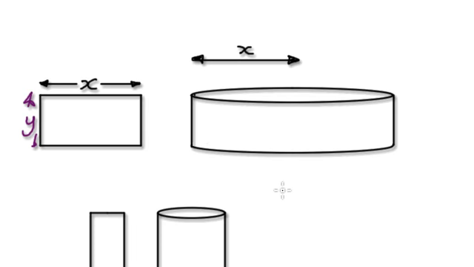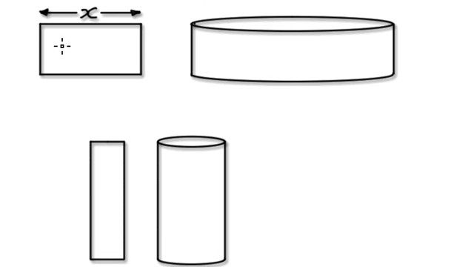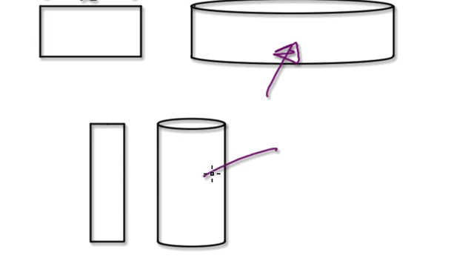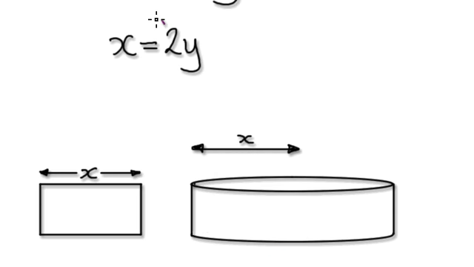Here you can compare the two now. This rectangle here has the same perimeter as this one here. But you can see that the volume of this one is much bigger than the volume of this one.